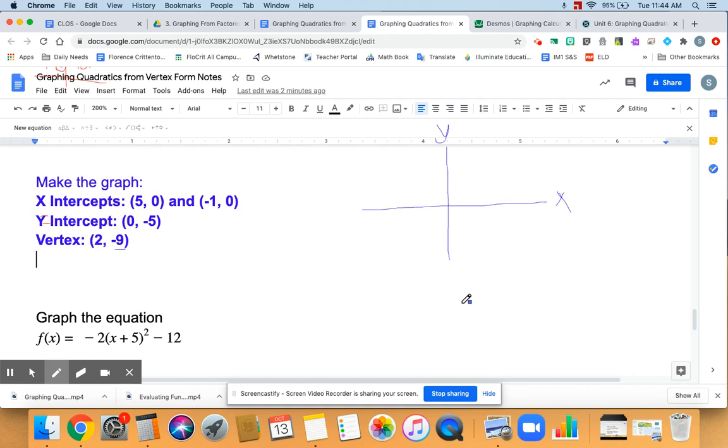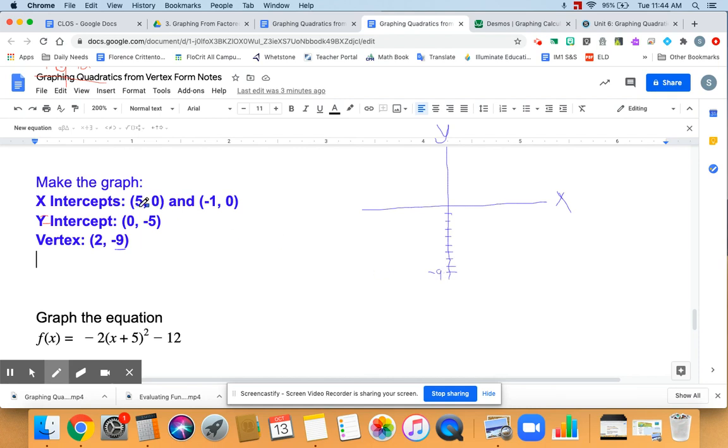So I need to be able to go down 9. So why don't I do all 9? Look, 1, 2, 3, 4, 5, 6, 7, 8, 9. And then that's a -5, that's a 0, that's a 0. So I'm not going to have to go up at all. So this is -9.